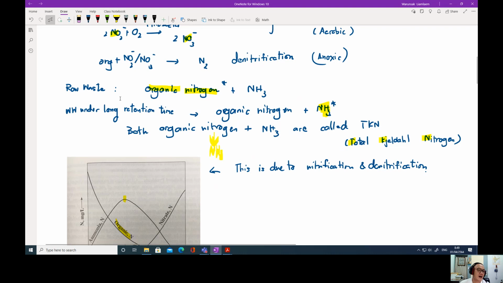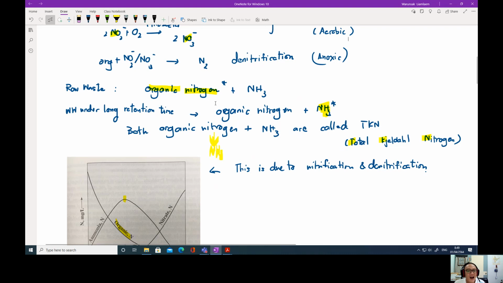For raw waste, you can expect to find high amounts of organic nitrogens. You just use that water, and that water becomes wastewater. In the wastewater, there is a lot of organic substance, and some of it is proteins. Proteins essentially contain nitrogen, and this we normally call organic nitrogens.